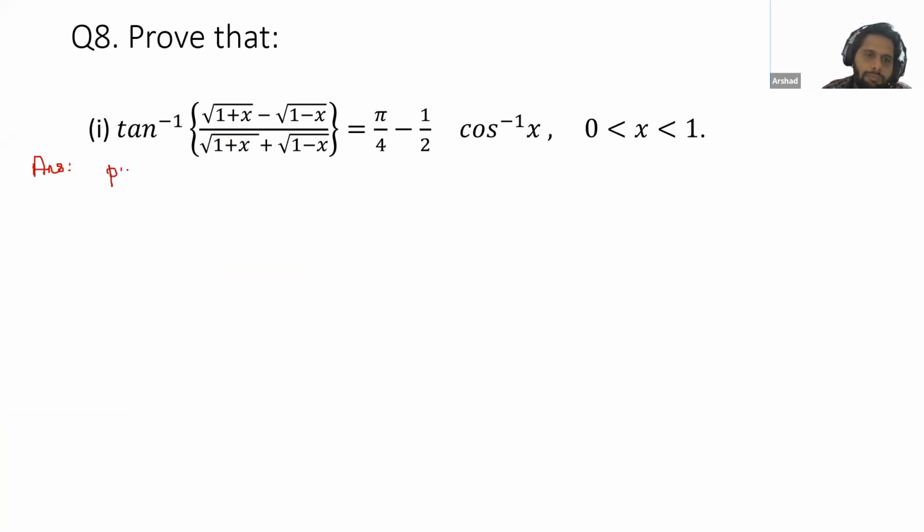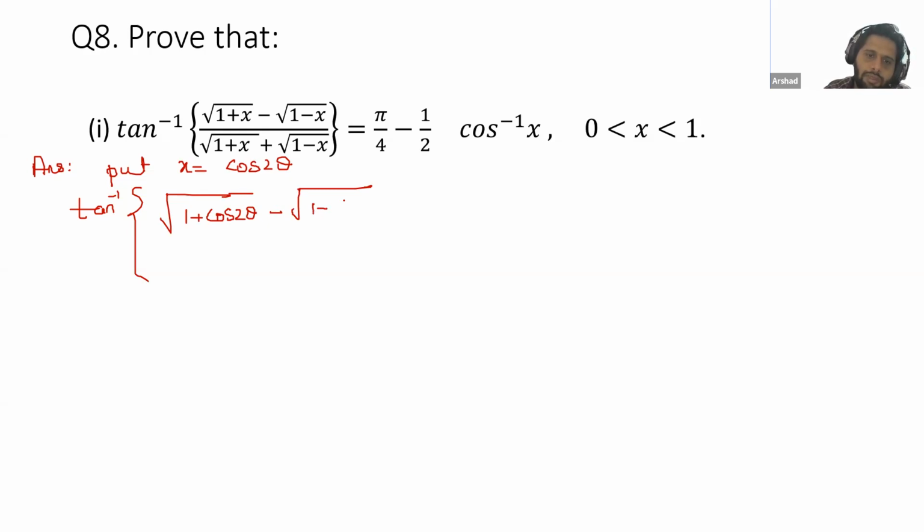Please check here. Put x is equal to cos 2 theta. So you will get tan inverse under root 1 plus cos 2 theta minus under root 1 minus cos 2 theta, by under root 1 plus cos 2 theta plus under root 1 minus cos 2 theta.